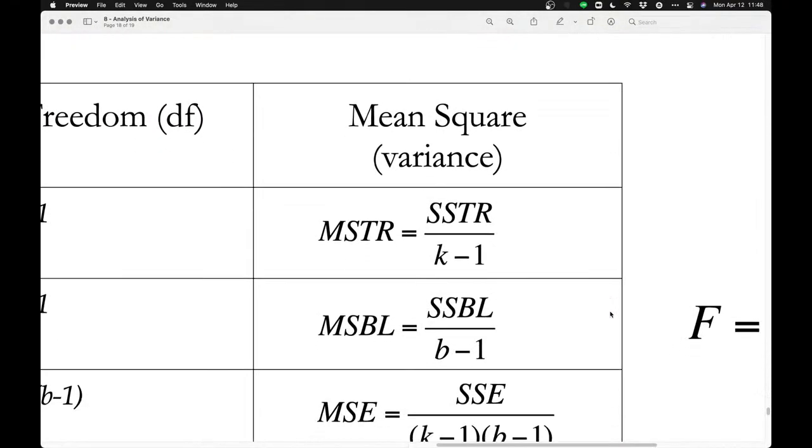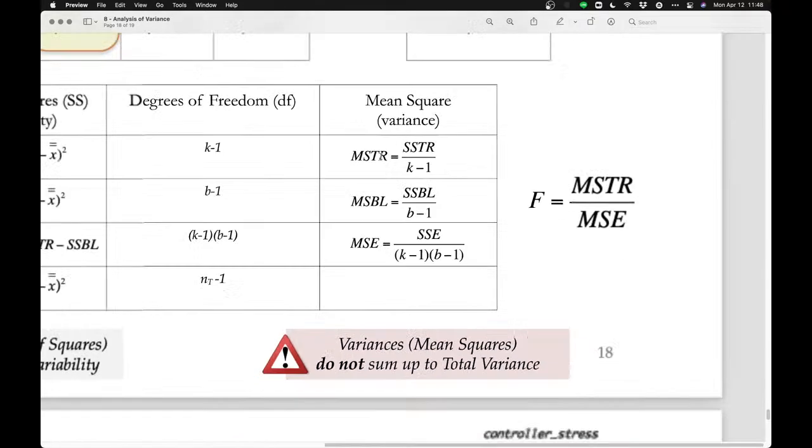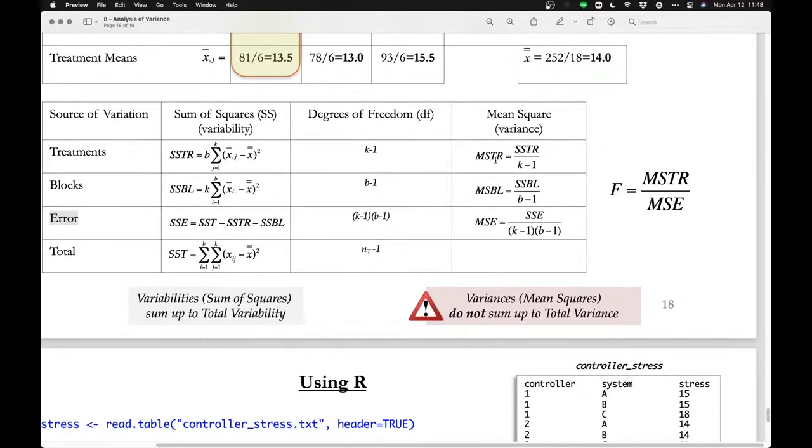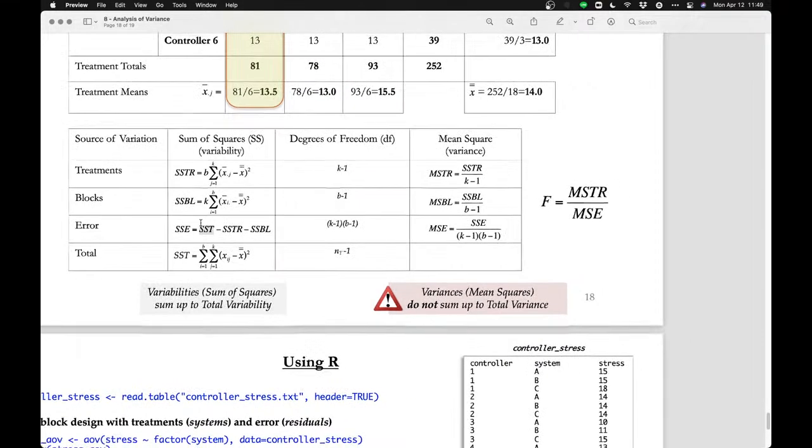You notice that we're not simply taking total variance minus treatment variance minus block variance. We're not subtracting the variances from the total variance. We're doing it the other way around. We're doing it by variabilities. We are computing the total variability and subtracting the variabilities of treatment and block from the total variability, right?